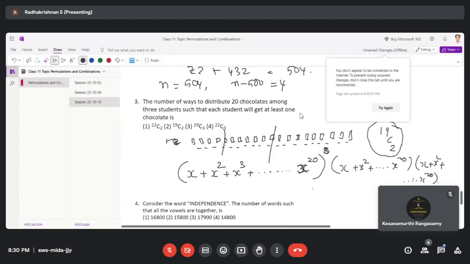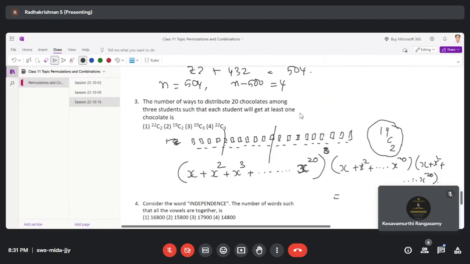When you multiply this, from the first bracket one value will be taken, from the second bracket one value will be taken, and from the third one value will be taken and multiplied, and then you will get a big expression. In that, if we count the coefficient of x power 20, all the combinations will come.